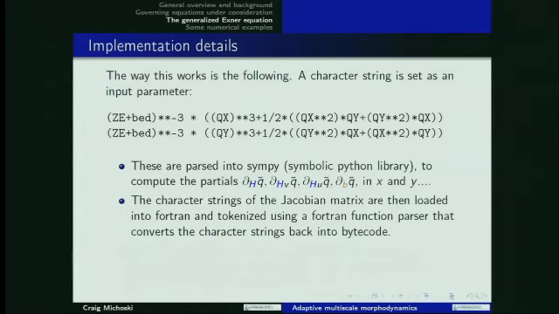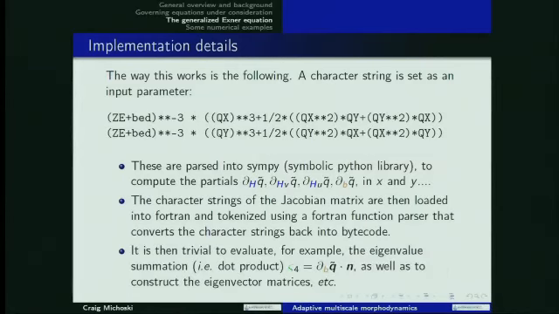I actually parse it in SymPy, get the Jacobian, put it out in a file, and then bring it back in, tokenize it, and turn it back into bytecode. Slow, but we only have to do it once. So it's trivial. And that's great, because now we can handle any form of this.